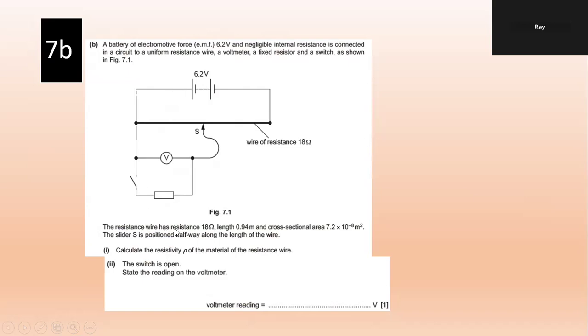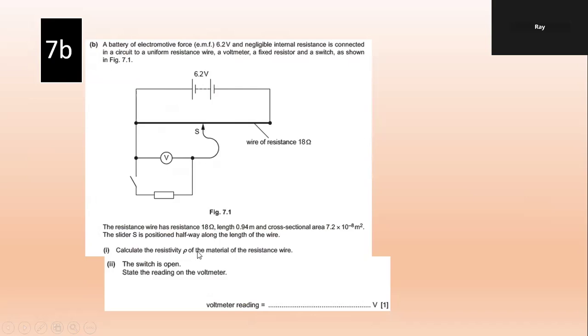The resistance wire has a resistance of 18 ohm, length 0.94 meter, cross-sectional area given. The slider S is positioned halfway along the length of the wire. S is halfway.